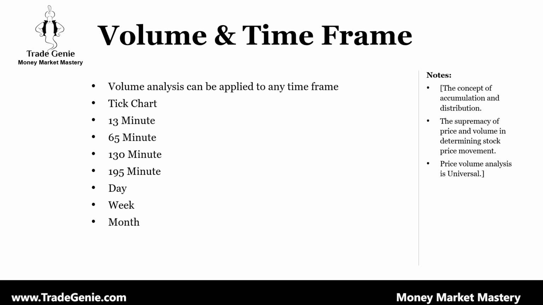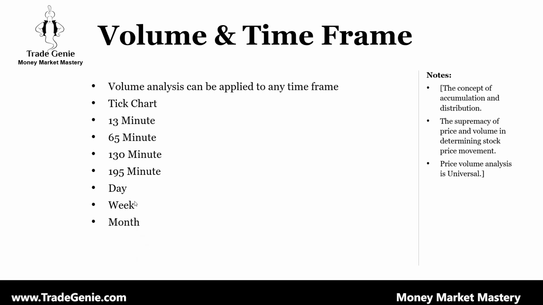I have these time frames on my chart, and I flip through them. I segmented them into different categories. You can call it a minor or smaller time frame, a mid time frame, and a longer term time frame.